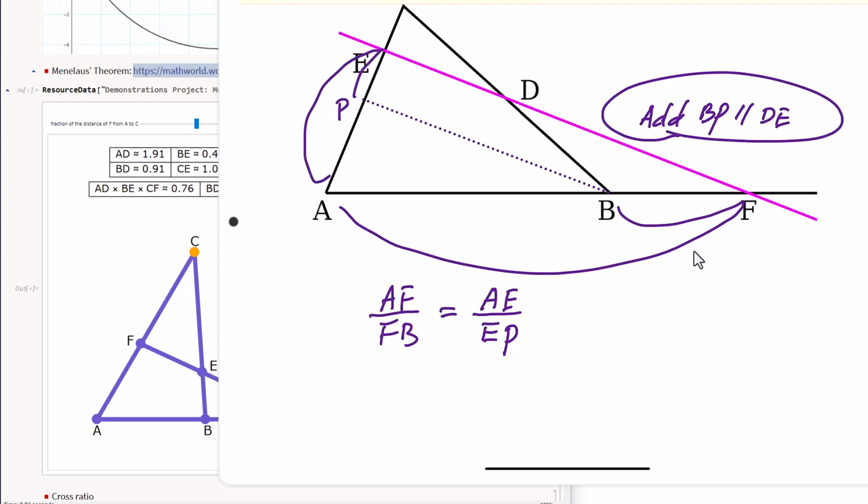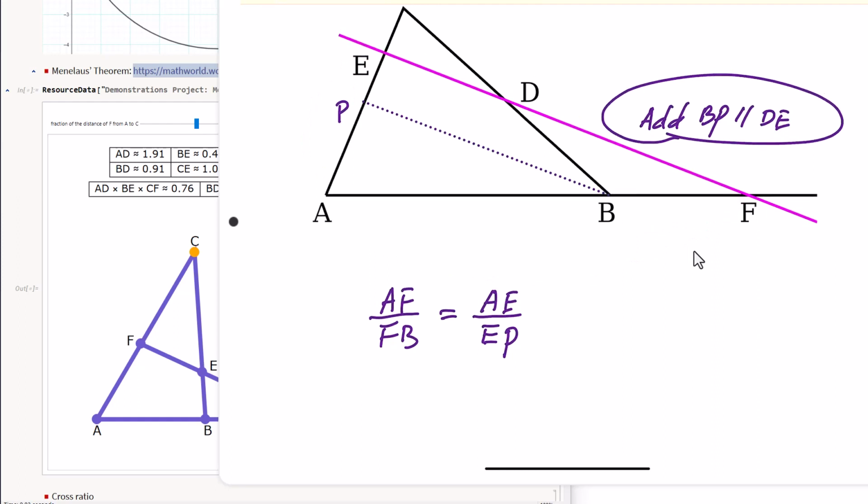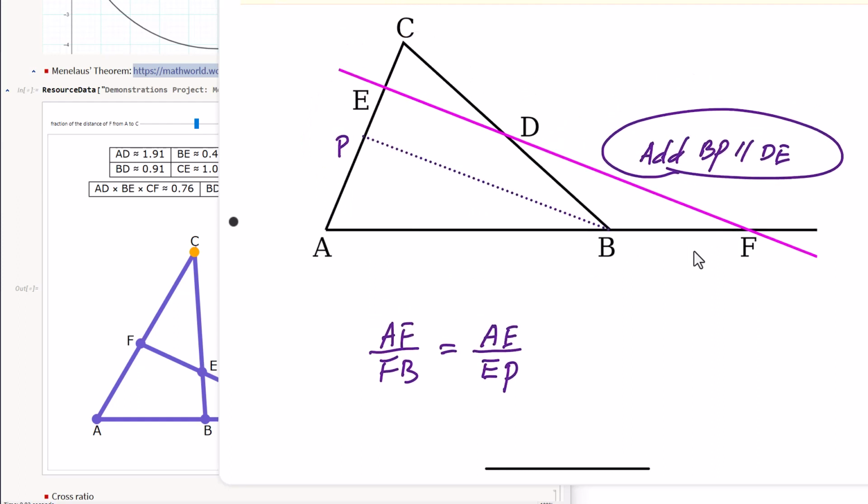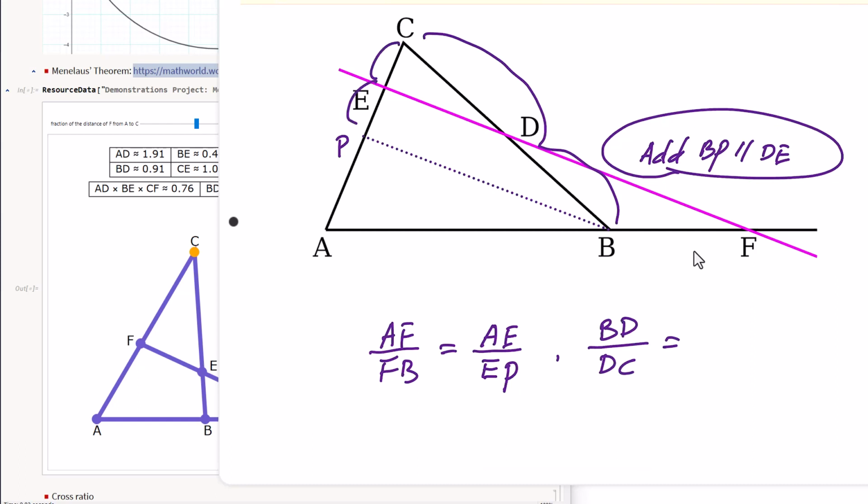And the second one we have is BD over DC, and this is PE over EC.